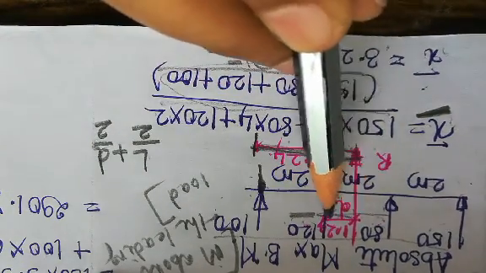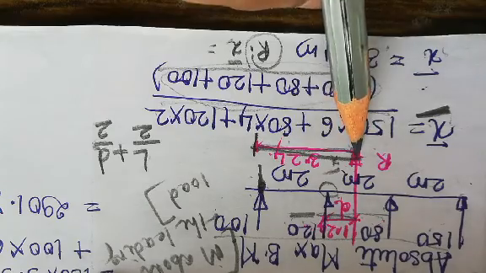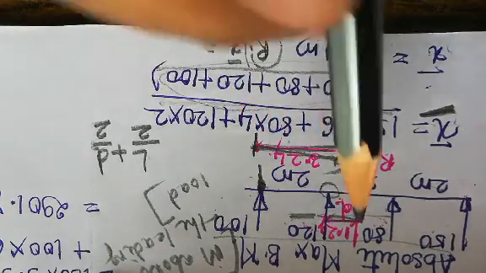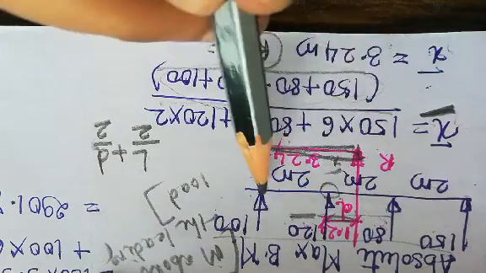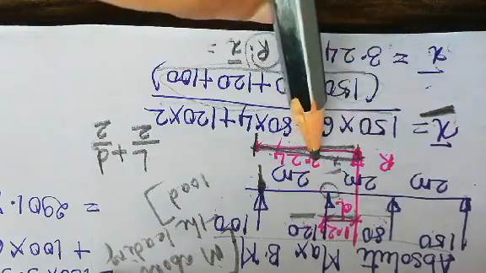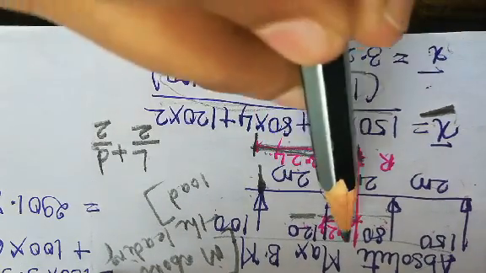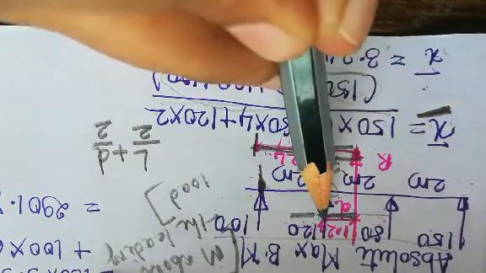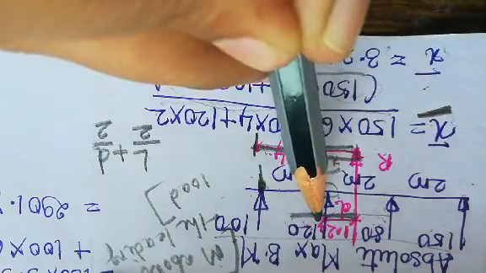Now how do we calculate this D distance? The distance from the heavier load to R is 3.24. The distance between the leading load and the heavier load is 2. So the remaining distance is 3.24 minus 2, that is 1.24. So this is how we calculate the distance between the resultant and the heavier load.